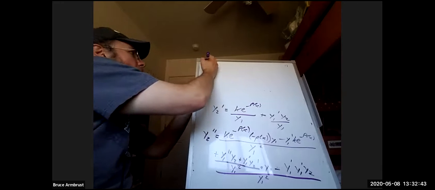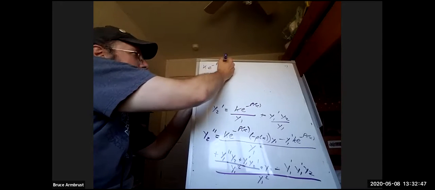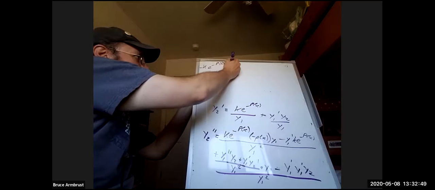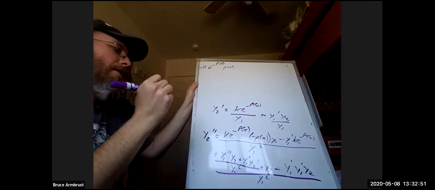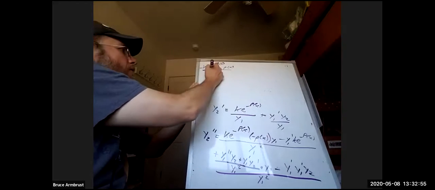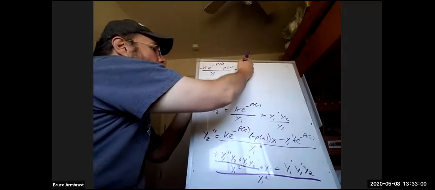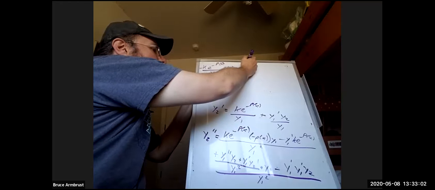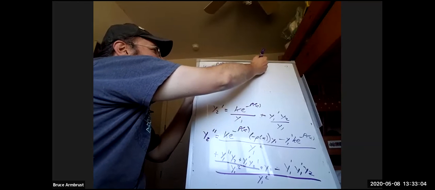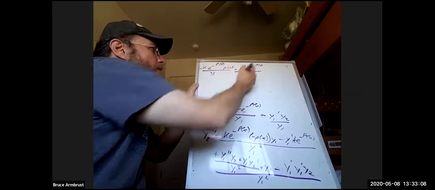We're going to get k e to the minus P of x times minus little p of x. I'm going to go ahead and cancel the y1s on that, so this is just over y1. And then minus y1 prime k e to the minus P of x over y1 squared.